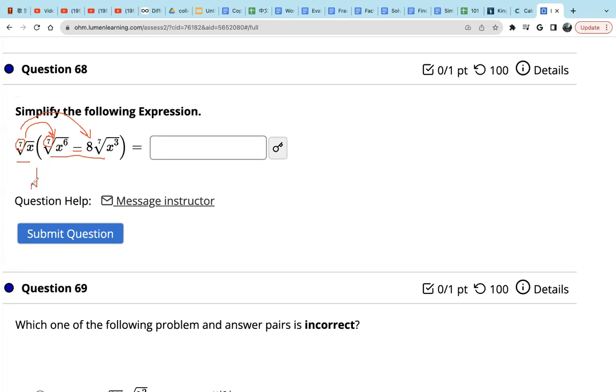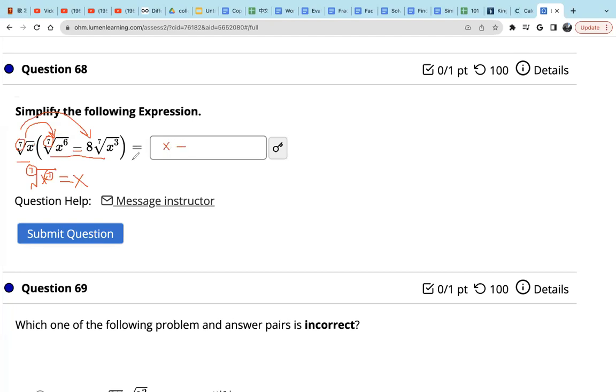So these 2 we can write as 7th root of x times x raised by 6. Well, x is x raised by 1 by default. So x times x raised by 6, that's x raised by 7. Then when the power and the index are the same, that's just x. So the first term is x.